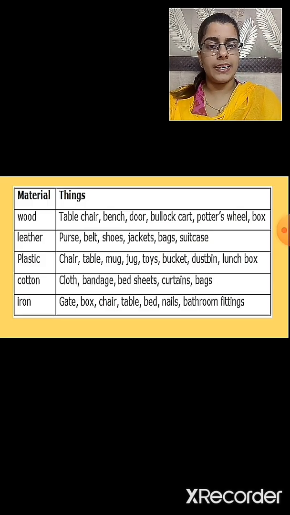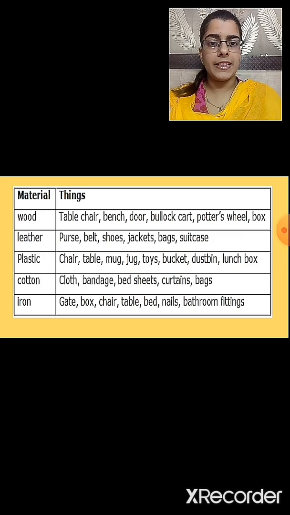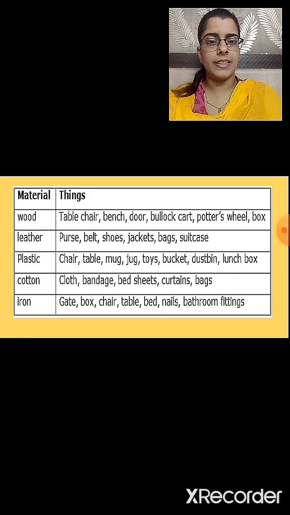We have studied that from one material, different things can be made. That is, using wood, we can make different things like table, chair, bench, door, bullock cart, potter's wheel, etc. Like plastic can be used to make different things like chair, table, mug, jug, toys, bucket, dustbin, lunchbox, isn't it?